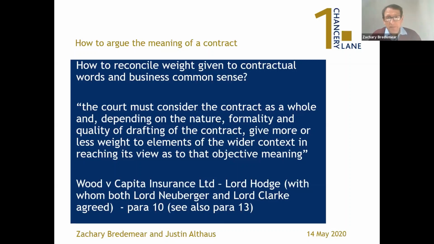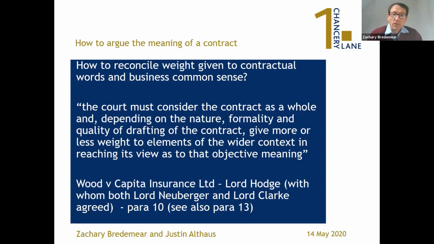And he didn't have any difficulty in doing so, because what he said is that the court must consider the contract as a whole and, depending on the nature, formality and quality of the drafting of the contract, give more or less weight to elements of the wider context in reaching its view as to that objective meaning.